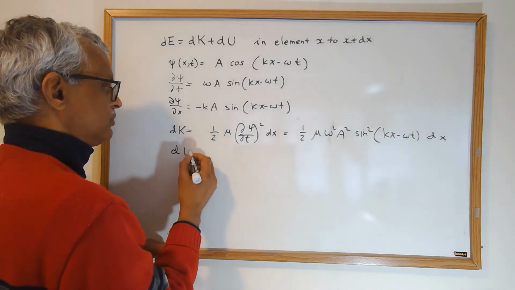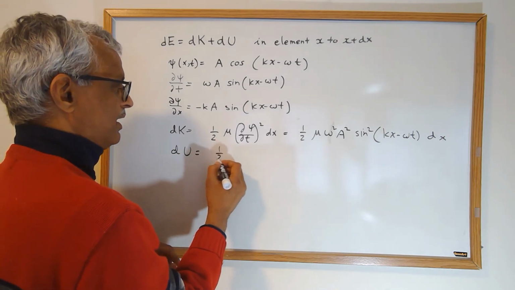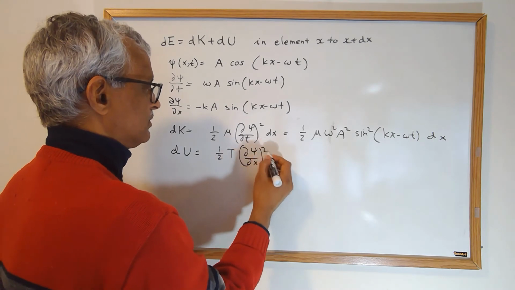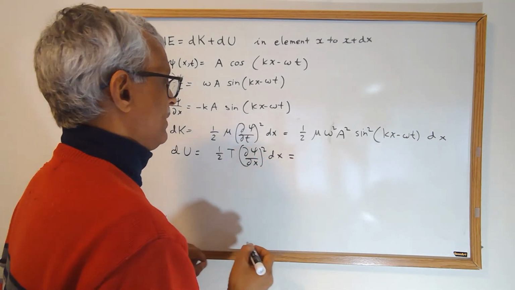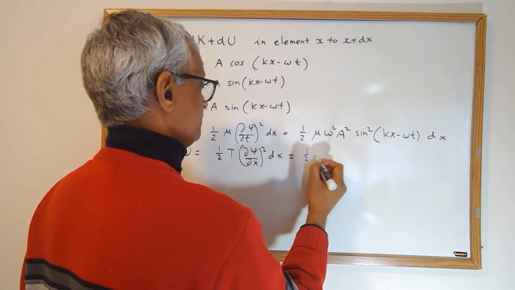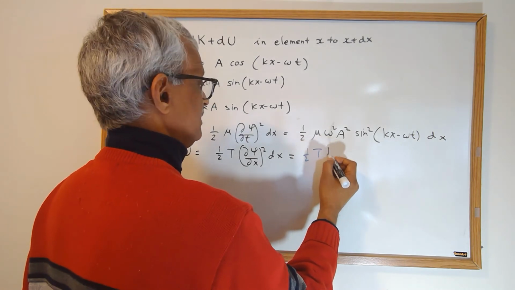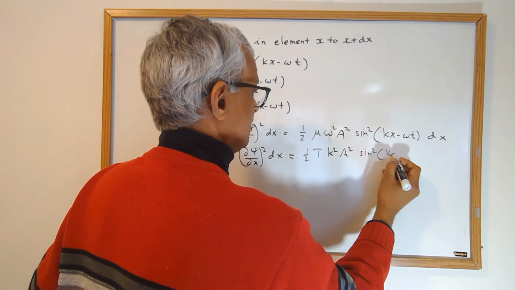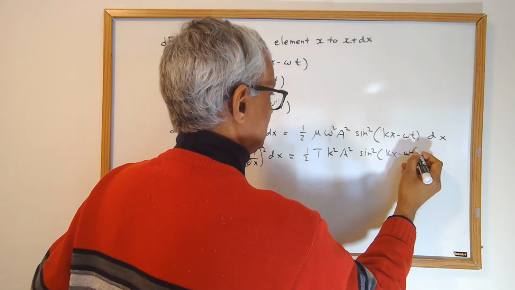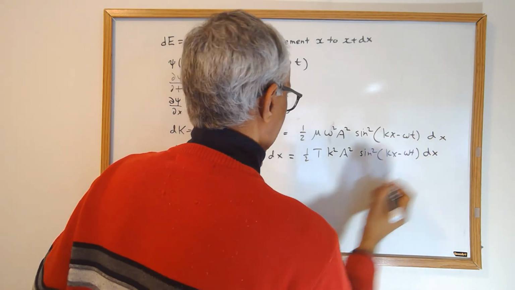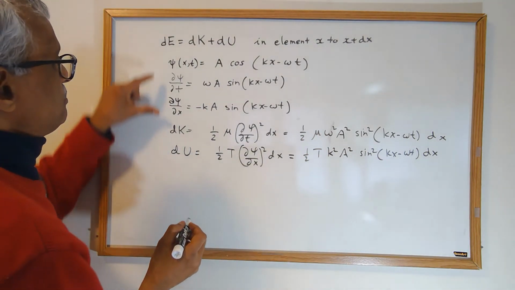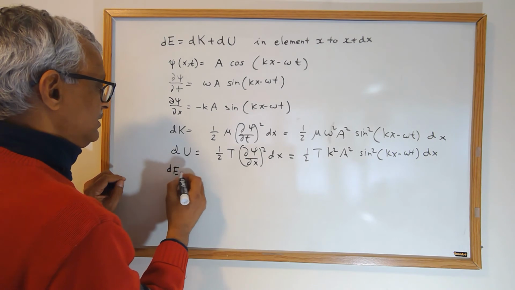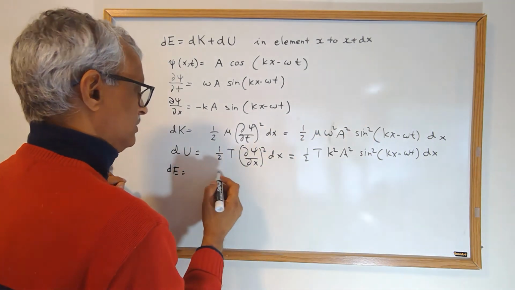And dU will be half T d psi dx square dx, and that's going to be half T k square a square sine square kx minus omega t dx.